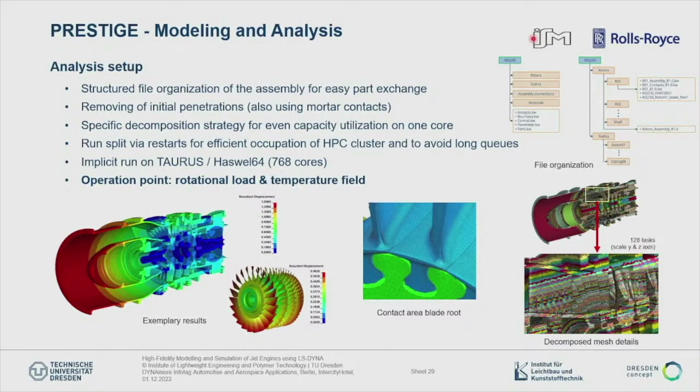So we were able to do the meshing, transferring onto the HPC, dealing with initial penetrations, look at the decomposition strategy, do the split runs to suit the HPC availabilities, and actually run the implicit calculations in terms of temperature and spin up, as we call it, so structural results on in total 768 cores.